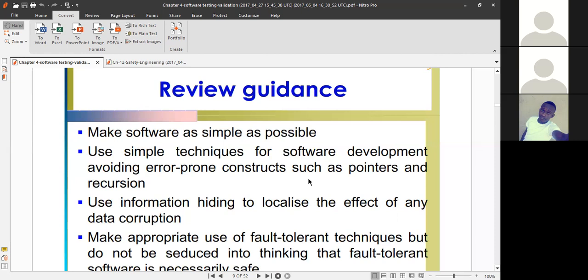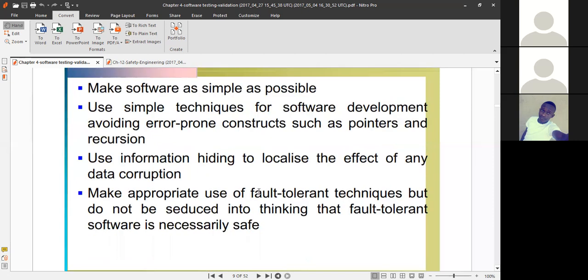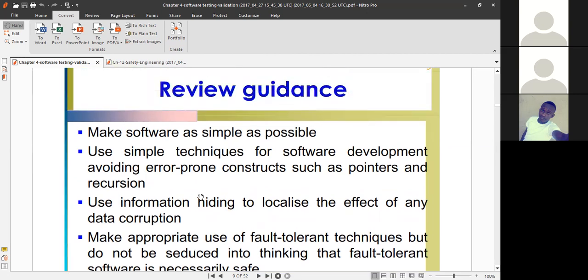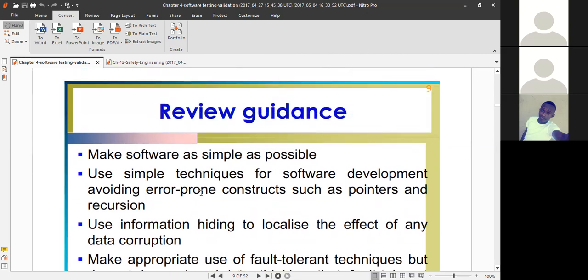Some of those may be more error prone, so better maybe to avoid them. Use information hiding to localize the effect of any data corruption and make appropriate use of fault-tolerant techniques, but do not be seduced into thinking that fault-tolerant software is necessarily safe. Those are just the guidance as you make these reviews.